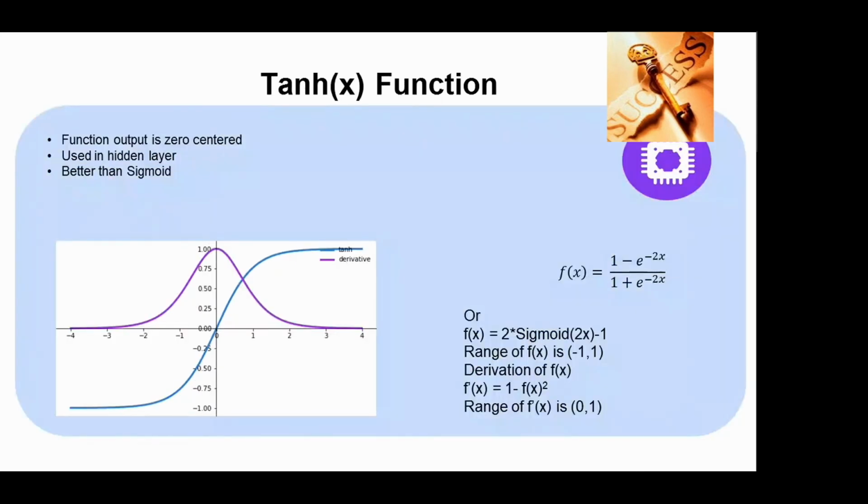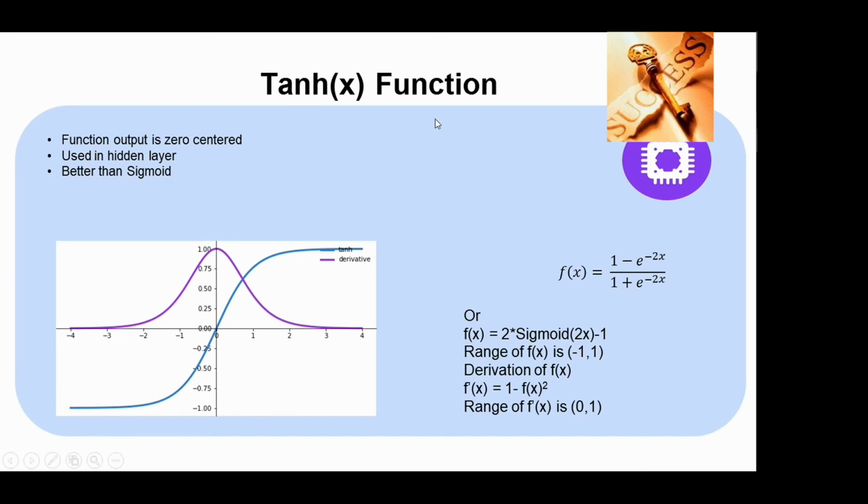Second is TANH. The function output is zero centered, meaning you can easily get good derivatives from this function. So TANH will be used in hidden layers and sigmoid is used in the last, output layer.